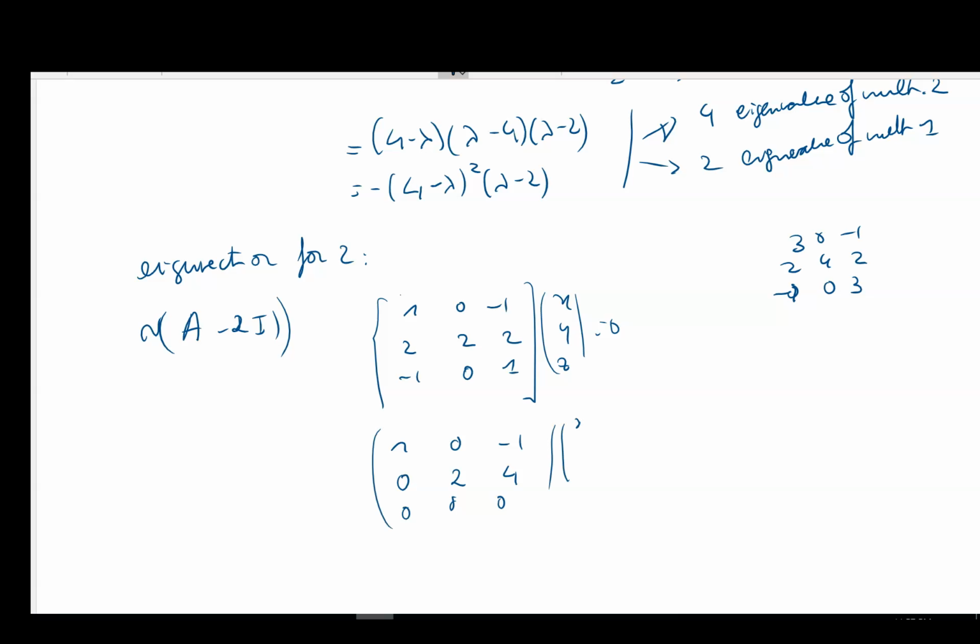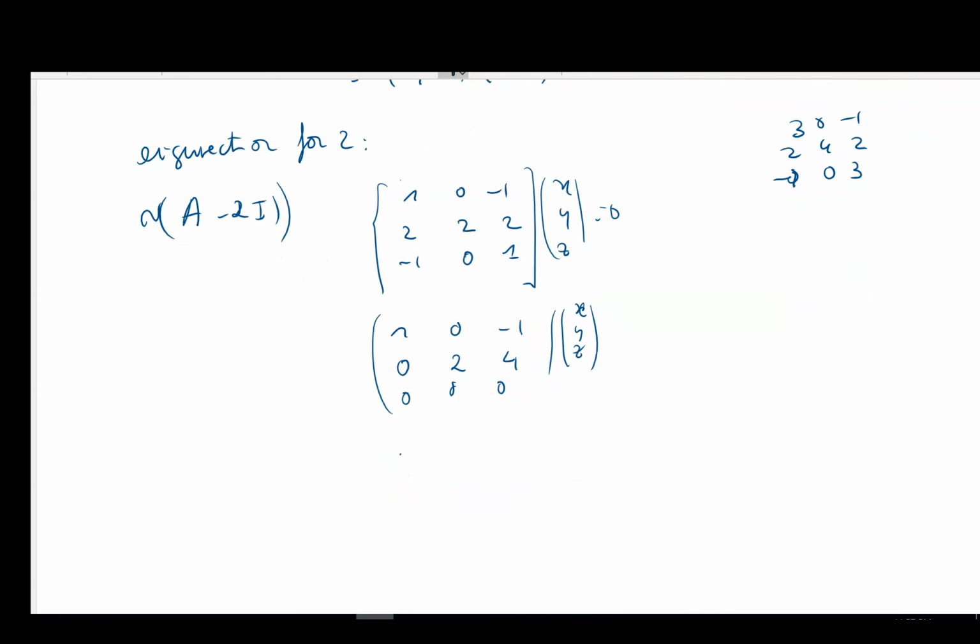Okay, so I can even go further in the simplification. I can get 0, 1, 2. Okay, so I've got one free variable, which is z, and two linked, dependent variables. So this one is free, and the pivot ones are going to be the dependent.